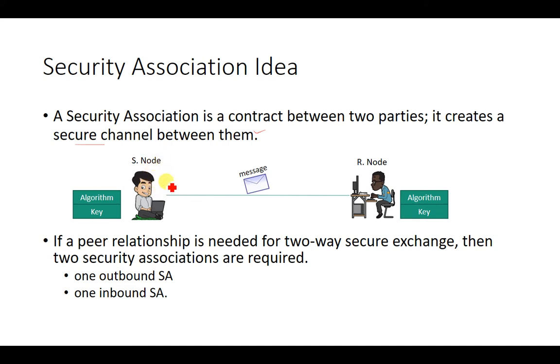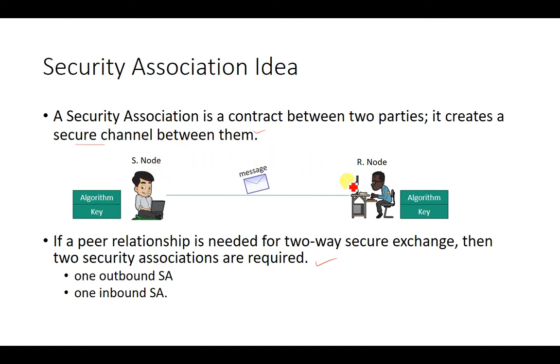But it is not always possible that in a network we will only perform unidirectional communication. There will always be bidirectional communication. Whenever there is bidirectional communication, that means if a peer relationship is needed, that is a two-way secure exchange, then two security associations are required. Previously I talked about one security association, that is the SA.